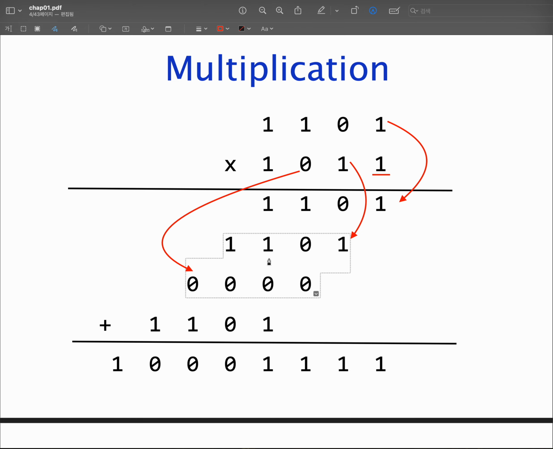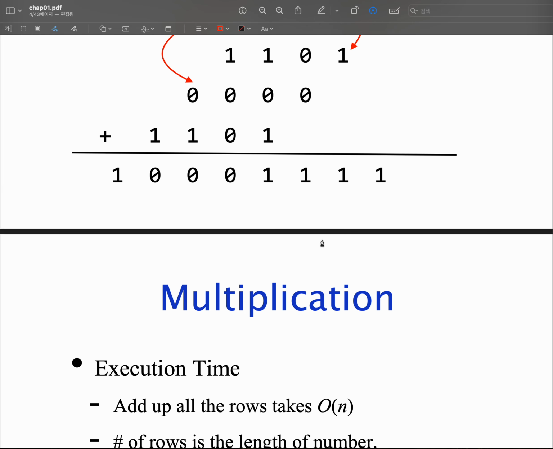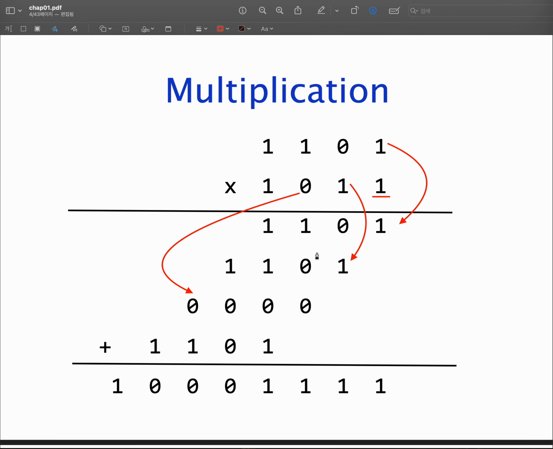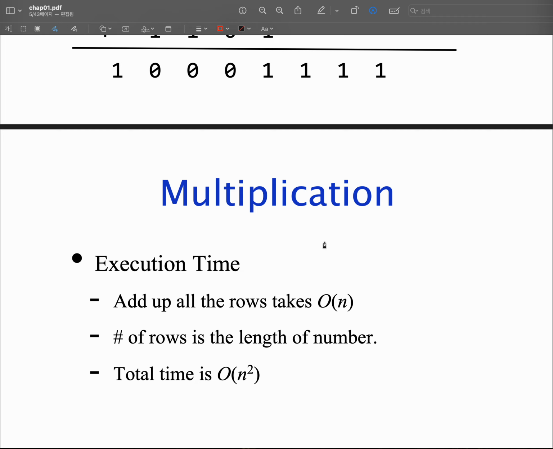Finally, this is the way to multiply two numbers. Because this method is very useful for the CPU and is the popular method for multiplying binary numbers, it must be correct.